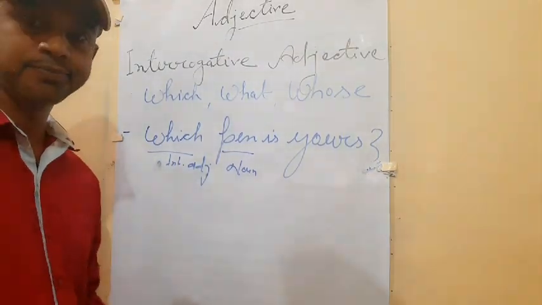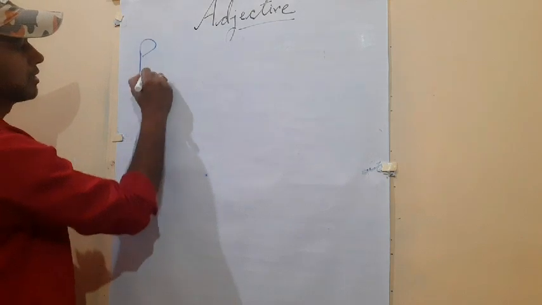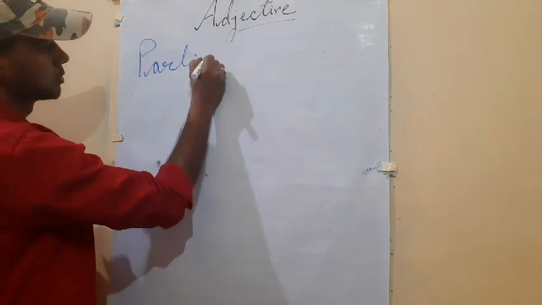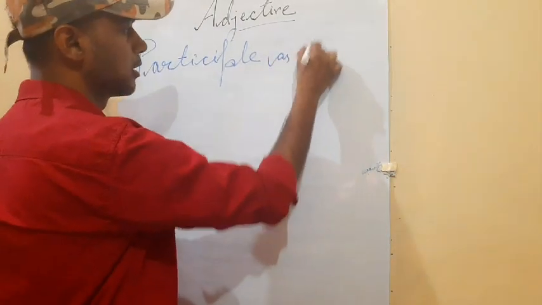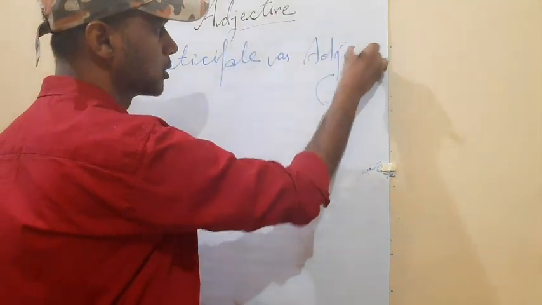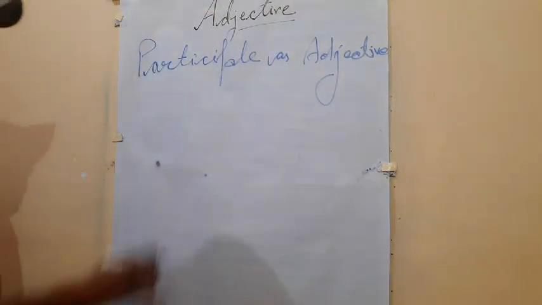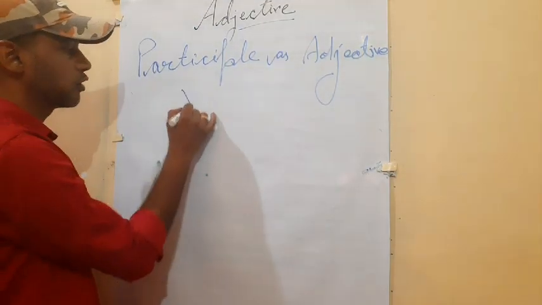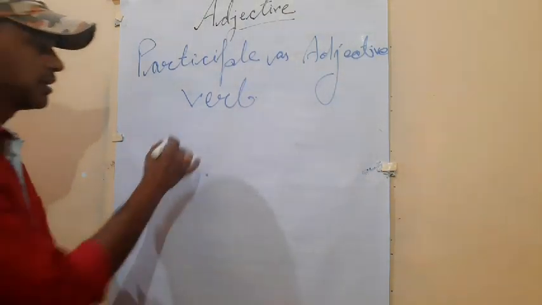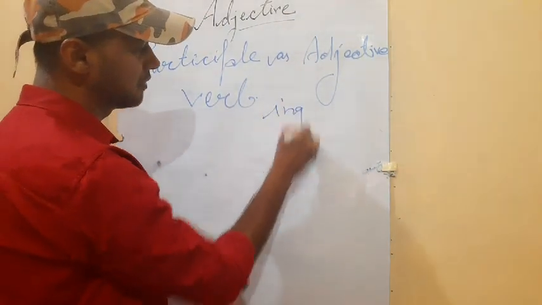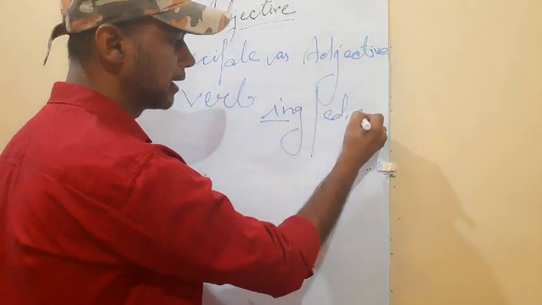Now come to the next. Next will be participles as adjectives. Participles: when we say this, you understand we are talking about the verb. If we say verb, it means we are going to tell the ing form, or the ed, en form.